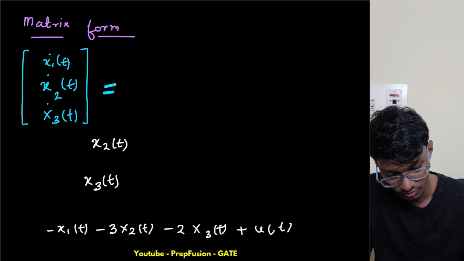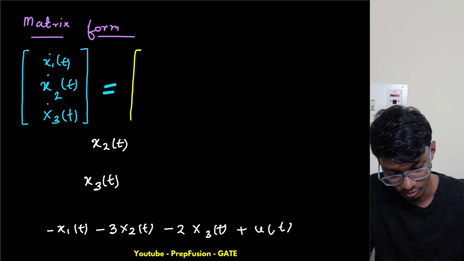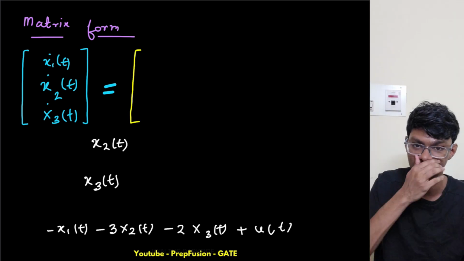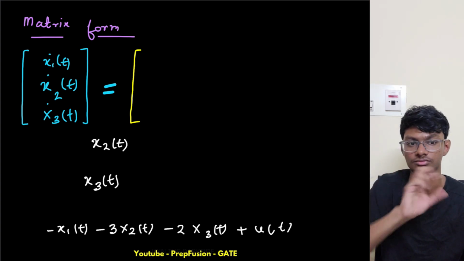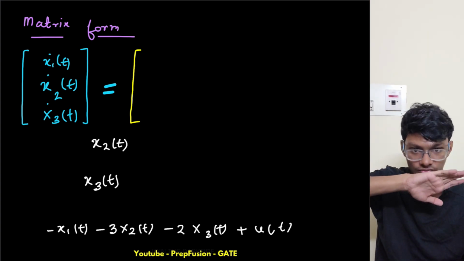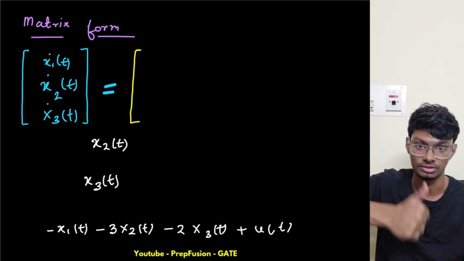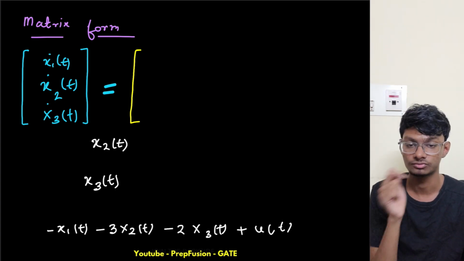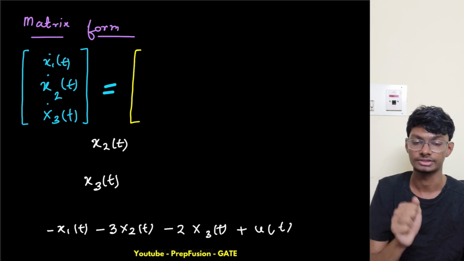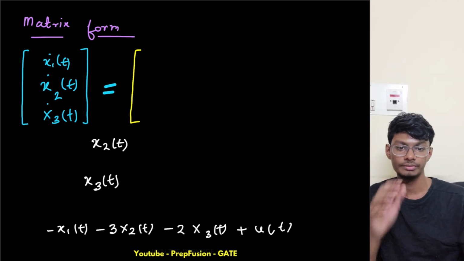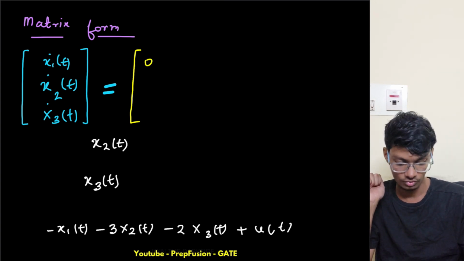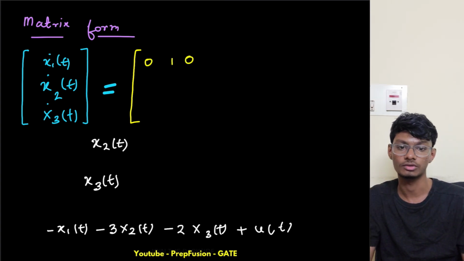So what will be my A matrix this time? I hope you understand why this is a 3 cross 3 matrix, and what the A matrix, the B matrix and the C matrix are. The B matrix will simply be a 3 cross 1 matrix, as we have only one input. The C matrix will be a 1 cross 3 matrix, as we have only one output. What will be the first row? 0 1 0, as x1 dot equals x2 only.